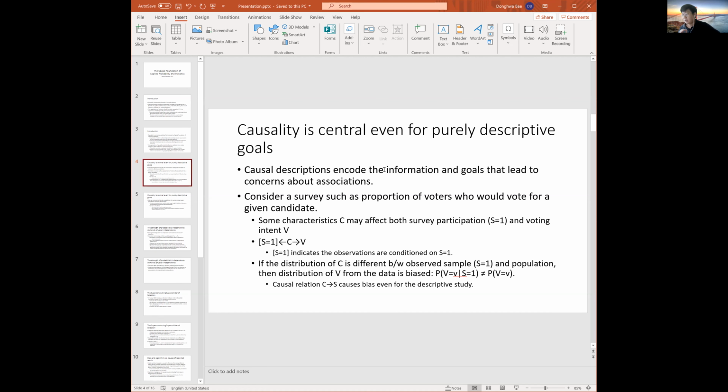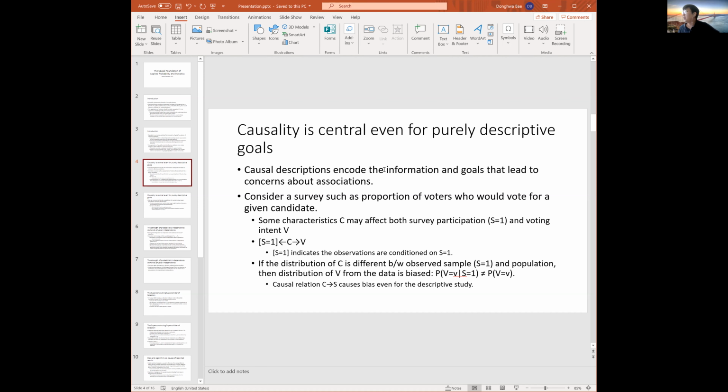We can see the distribution of the voters' preference for different candidates. However, even this descriptive analysis has a causal component. Think about some characteristics C that may affect both survey participation and voting intent V. The example from the paper is affinity, or it can be income or other factors.